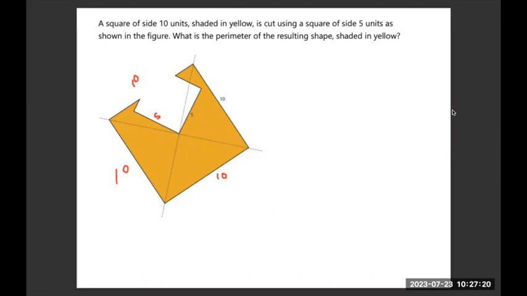Lavya, Tanvi, wrong answer. Divya, wrong answer. Kavya, wrong answer. Shimoli, correct answer. Tisha, right answer.